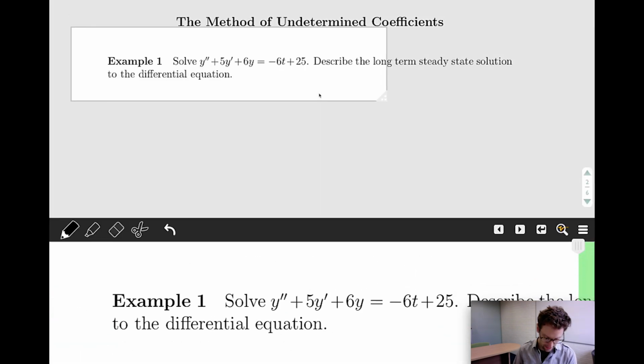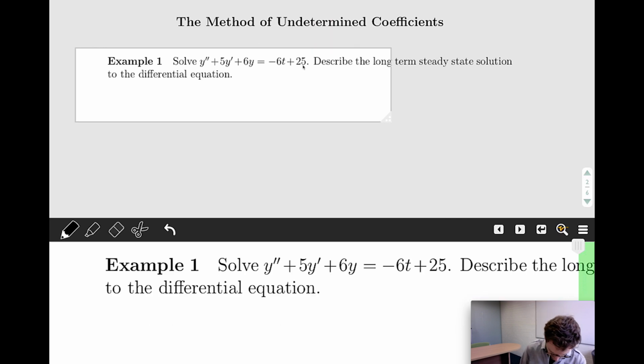We're dealing here with example 1. We have a second order ordinary differential equation: y double prime plus 5y prime plus 6y is equal to minus 6t plus 25. So this is a non-homogeneous equation.